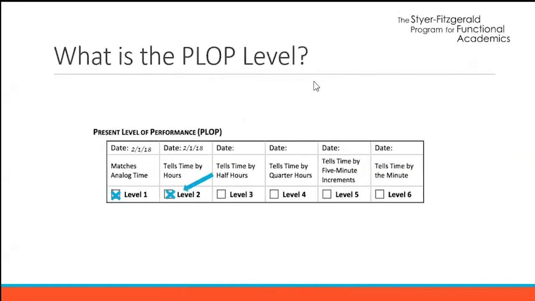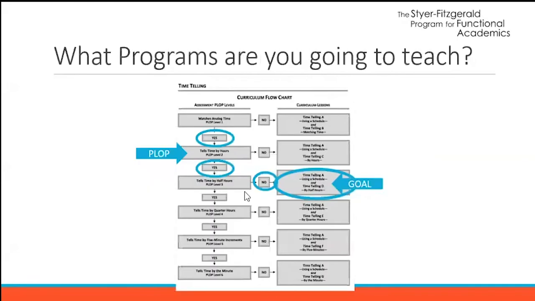For secondary folks, your PLOP chart looks a little bit different. Your student matched analog time, and they could tell time by hours. You're going to put X's in both those boxes on their present levels of performance chart. They couldn't tell time by half hours though, so we're leaving it blank because they couldn't do it. That's your starting point. What programs are you going to teach?